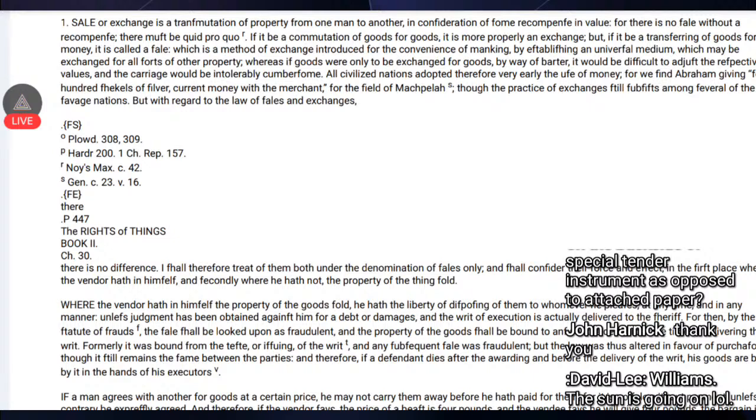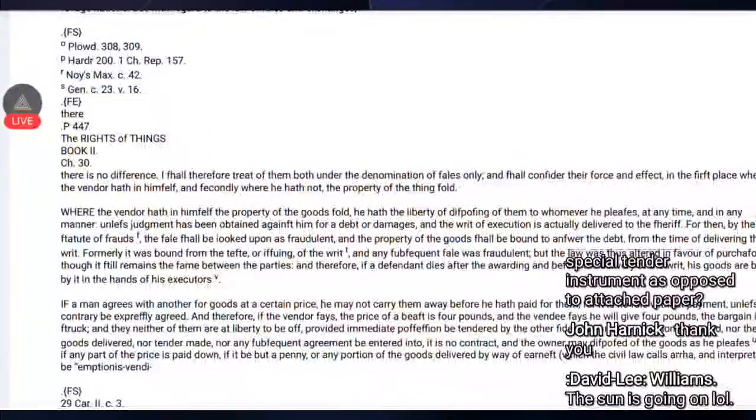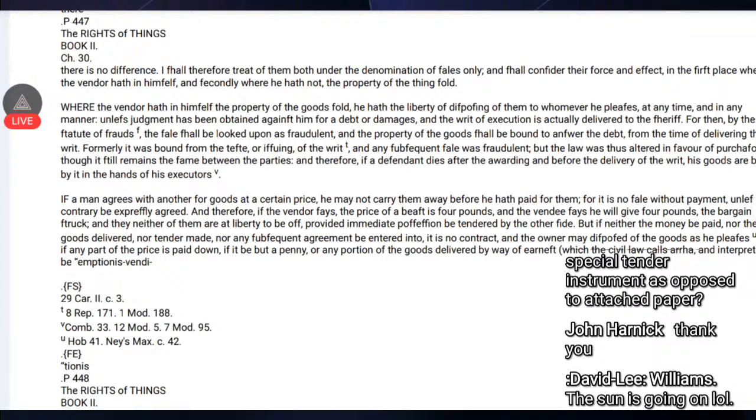Though the practice of exchanges still subsists among several of the savage nations, with regard to the law of sales and exchanges, there is no difference. I shall therefore treat of them both under the denomination of sales only, and shall consider their force and effect, in the first place, where the vendor hath in himself, and secondly, where he hath not, the property of the thing sold.